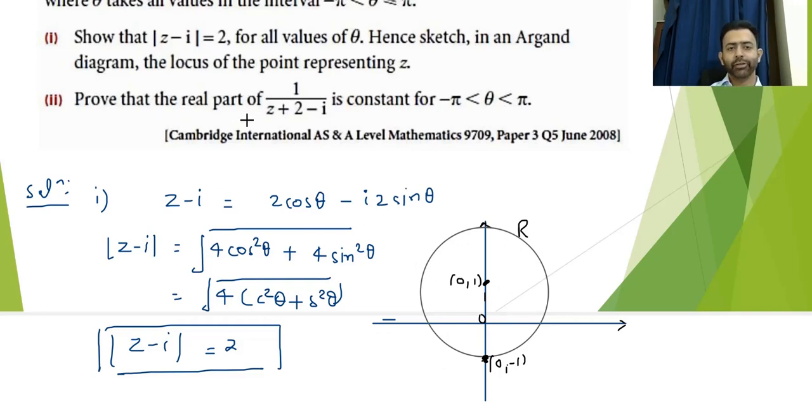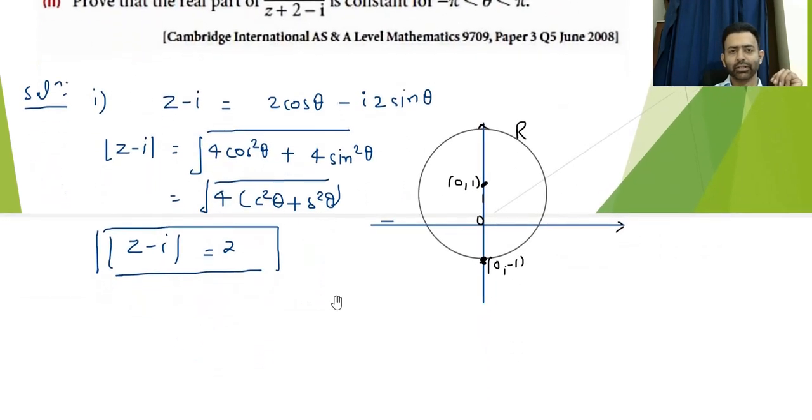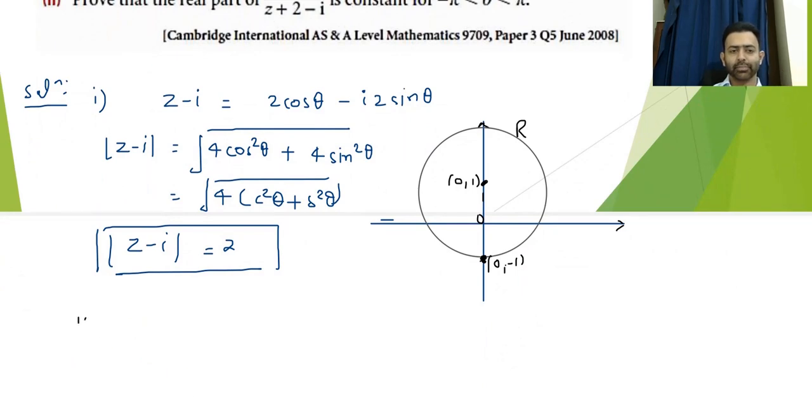The second part is: prove that the real part of 1 upon z plus 2 minus i is a constant. Again, just like we did in the previous question, since this z plus 2 minus i is another complex number, we have to bring this into the numerator by multiplying this complex number with its conjugate, and then separating the real and imaginary parts. So this is basically 1 over z plus 2 minus i. z minus i we already have in the first part, which is 2 cos theta minus i 2 sin theta, and here we have to add 2.